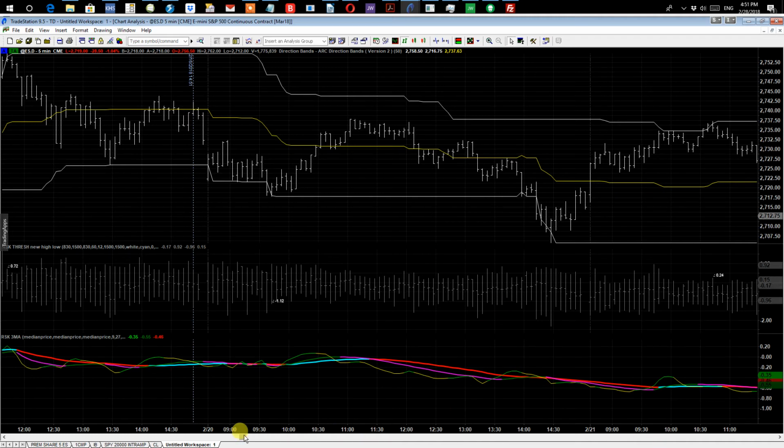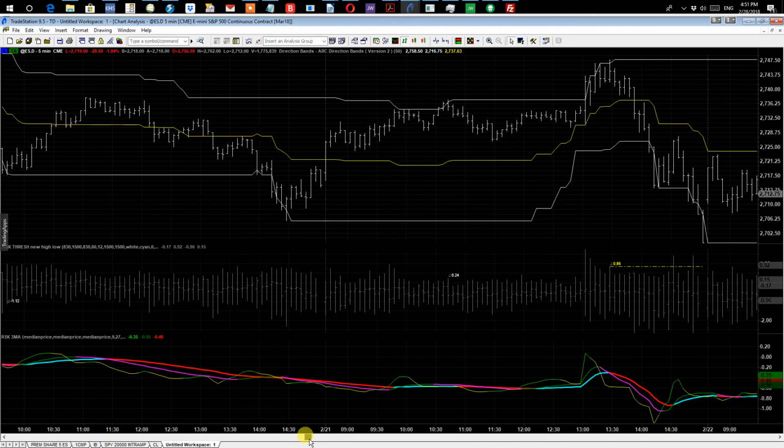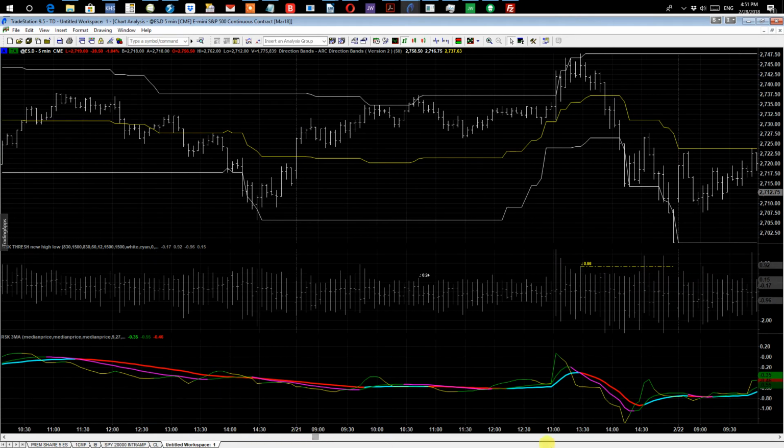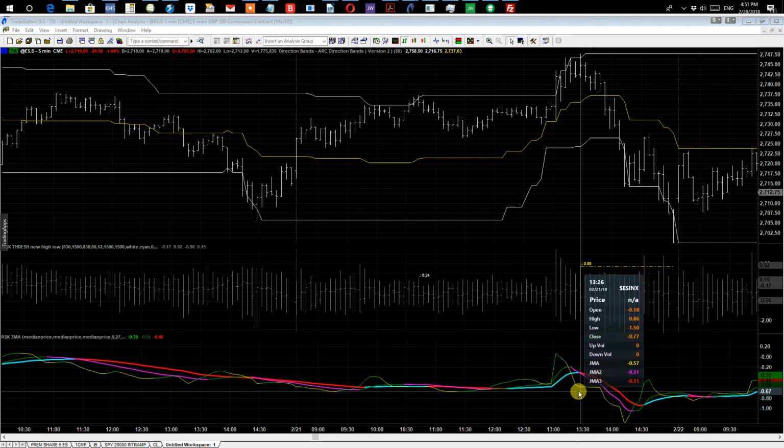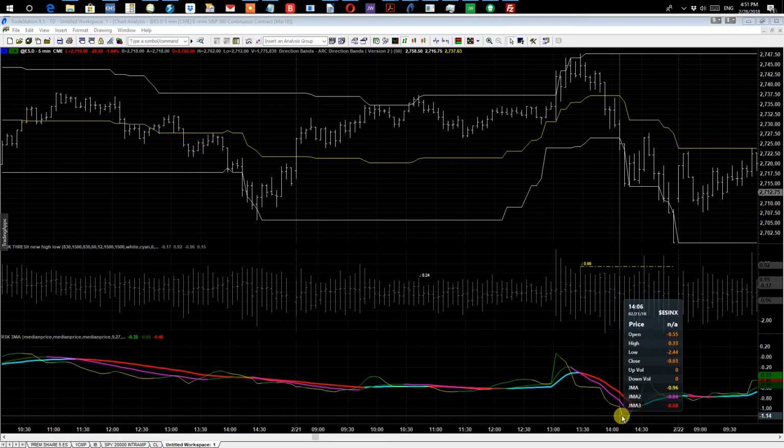Let's go over and look at another example of another day. How here once again we were positive until just about the same price where we turn negative, and it slopes down and gets back to a positive right at about the same price it turned before, and finally ran up in the last hour and a half of trading before it turns negative, and then she really begins to drop.